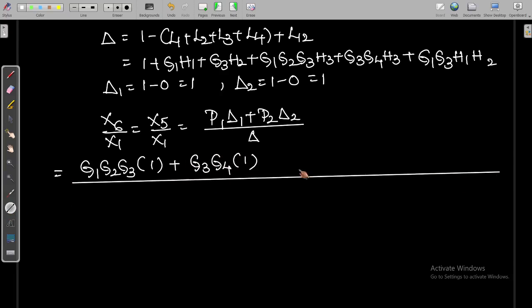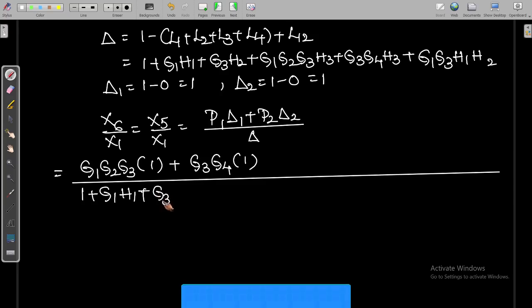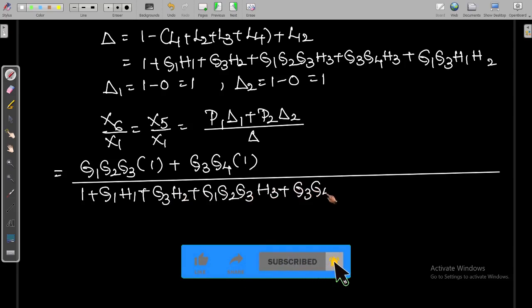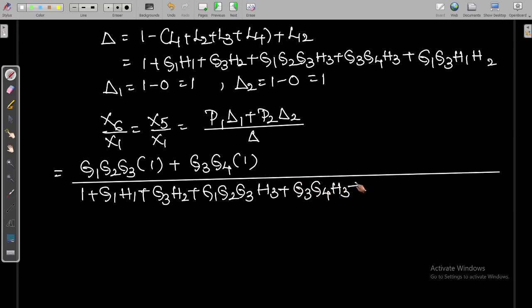We already have the delta value, that is equal to 1 plus G1 H1 plus G3 H2 plus G1 G2 G3 H3 plus G3 G4 H3 plus G1 G3 H1 H2. So this is the denominator. So this is the overall transfer function of the given problem.